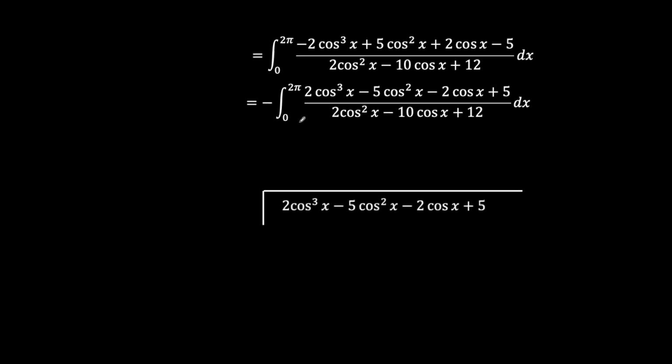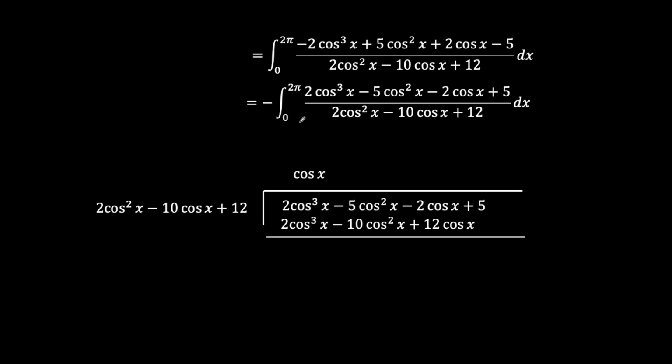So we say 2 cosine cubed x minus 5 cosine squared x minus 2 cosine x plus 5 divided by 2 cosine squared x minus 10 cosine x plus 12. If you multiply the divisor by cosine x, we get 2 cosine cubed x minus 10 cosine squared x plus 12 cosine x. Then you subtract that from the dividend, and you get 5 cosine squared x minus 14 cosine x plus 5.